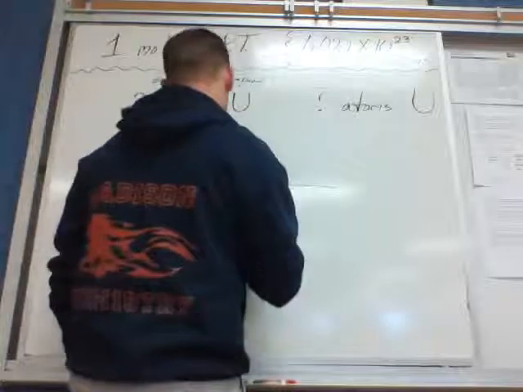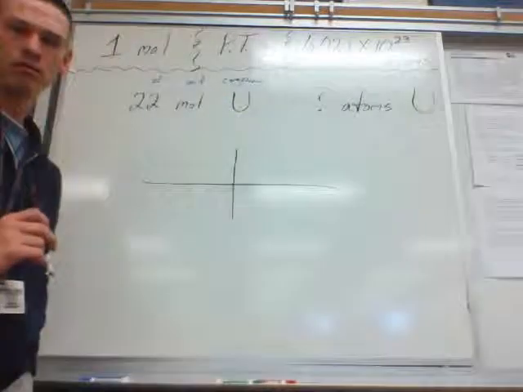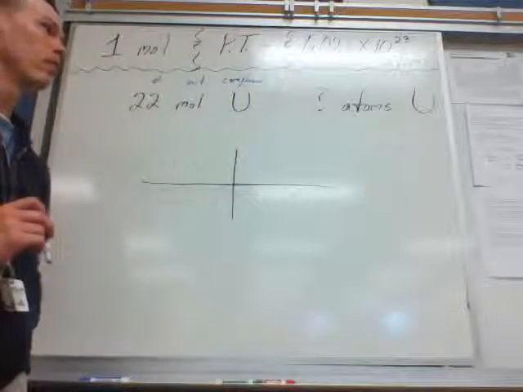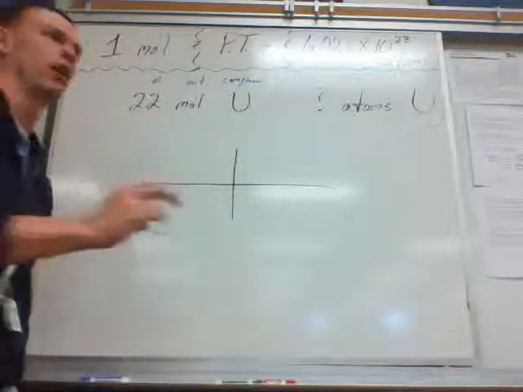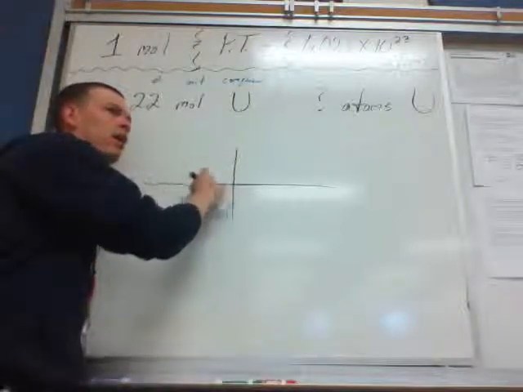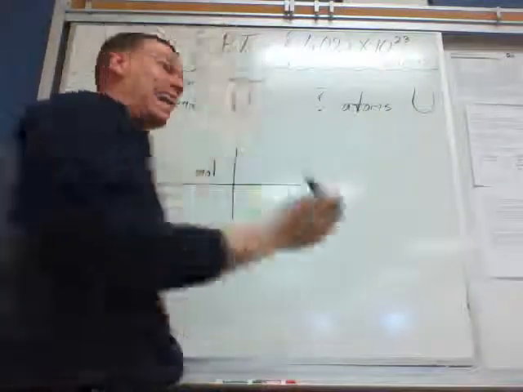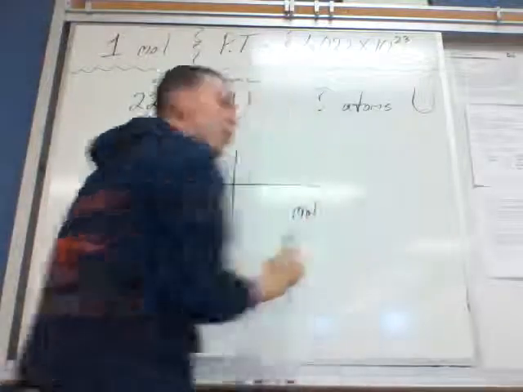Build your T. Letters, letters, letters. What letters go here? Moles. The given unit always goes in that first square and in that bottom diagonal square.